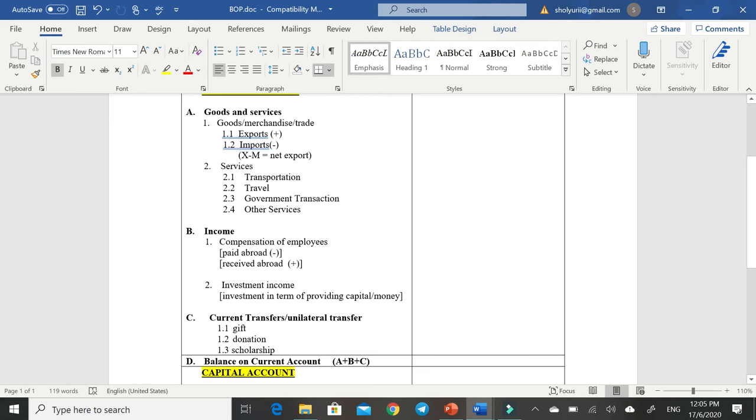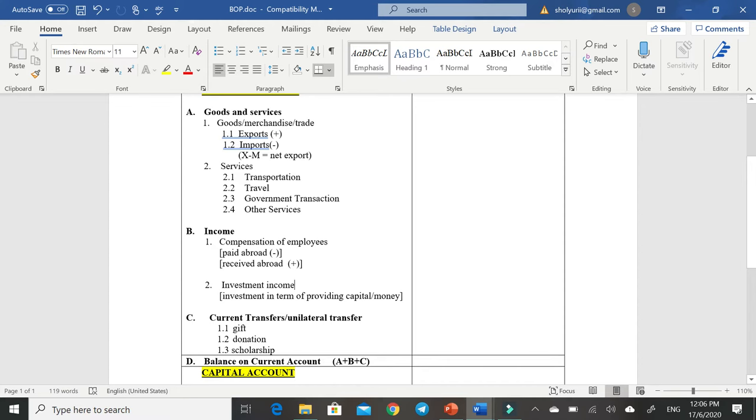Okay, ini yang tadi. Okay, so bawah income ada satu lagi which is investment income. So investment income ni maksudnya yang saya kata tadi pasal foreign direct investment. When the foreigner come to our country and invest the money inside our country, they will get their return.